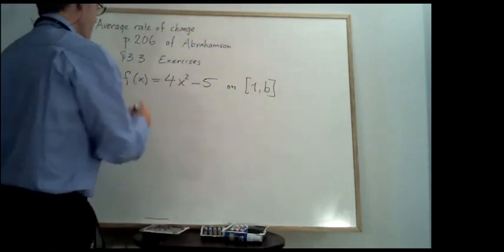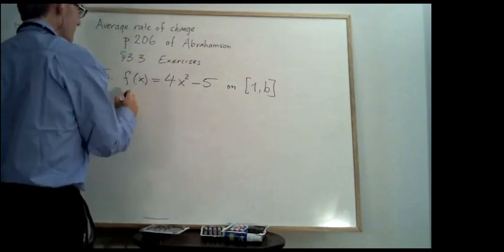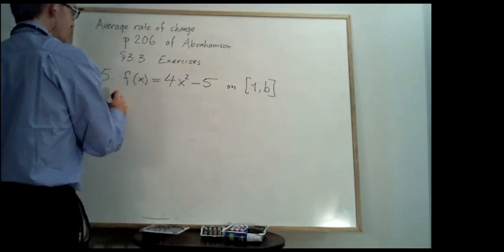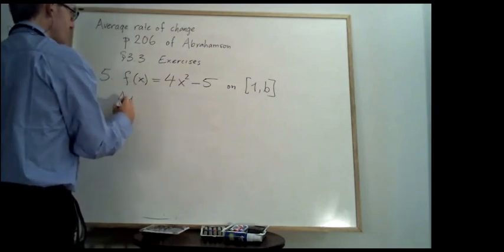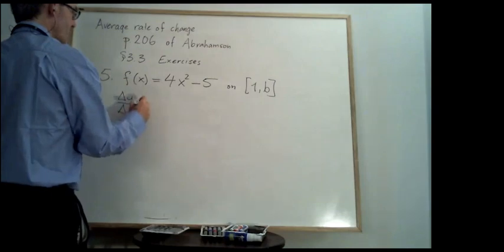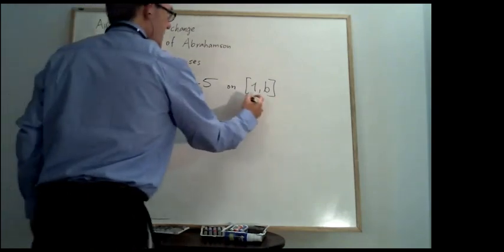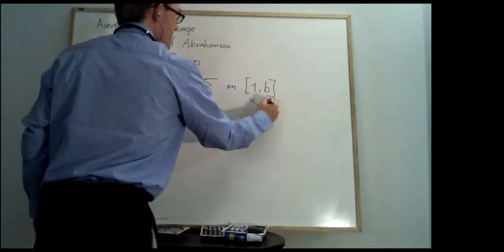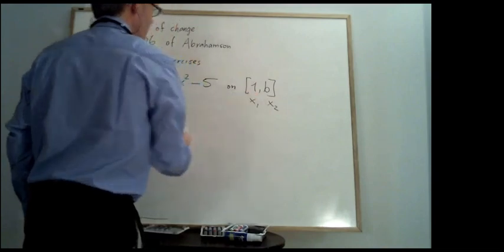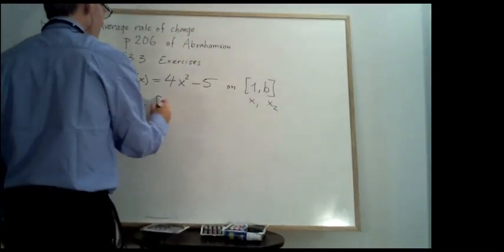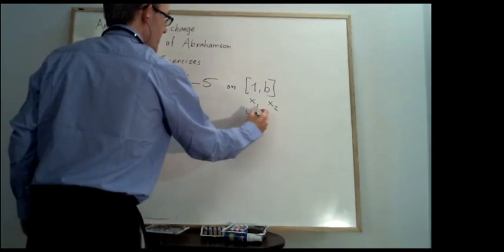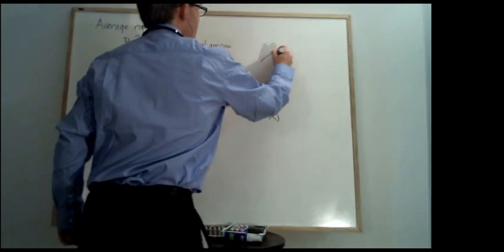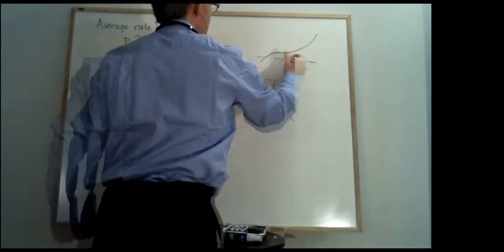So what you do then is you take the average rate of change, which is delta y over delta x, where you take this to be x1, this to be x2, and y1 is f of x1. The picture is you have the graph like this, whatever it might look like.